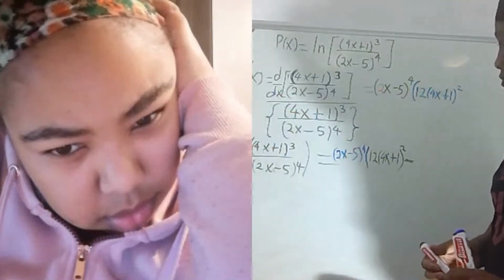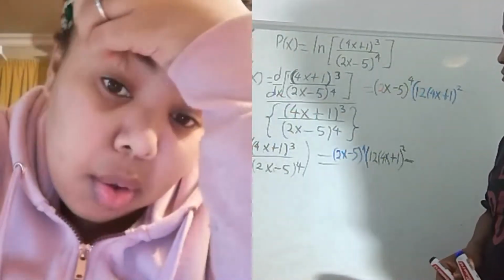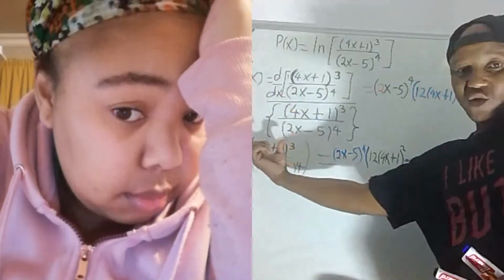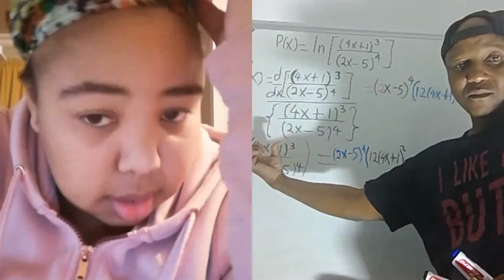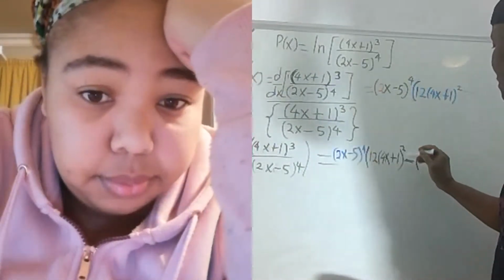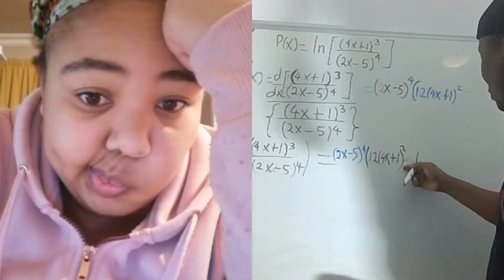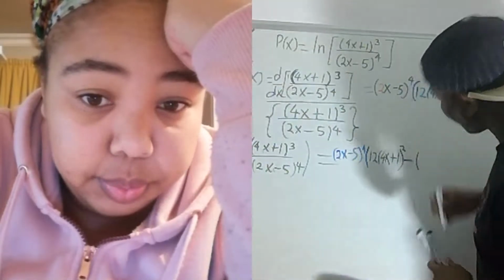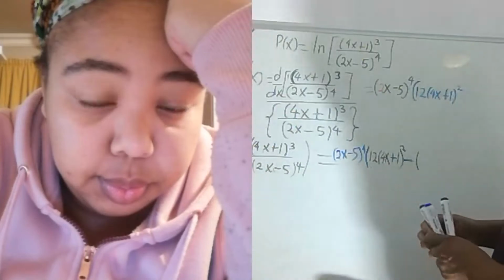So what happened now? The numerator is constant. Let's put another color here so you don't get confused. What is the numerator?